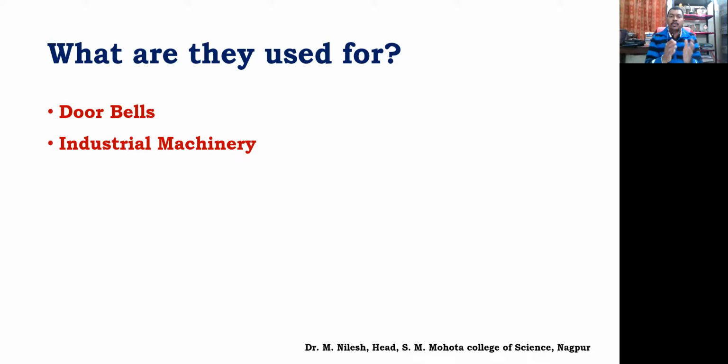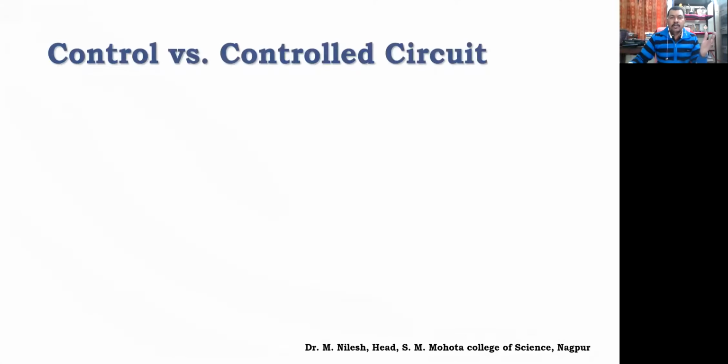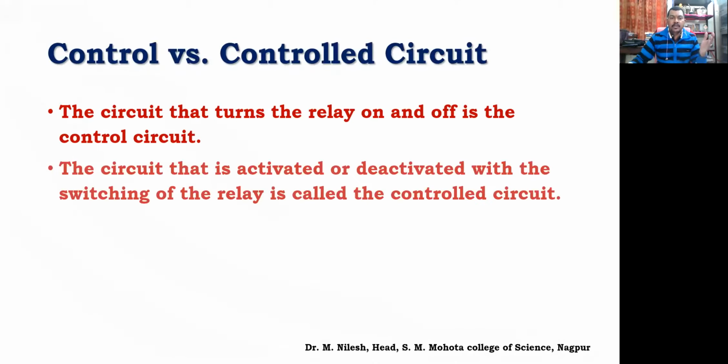So to avoid that, we can use those types of relays which can be connected to a lower DC, 5-volt DC, and which can be used to switch the higher AC on or off, right? So there, these relays can be used. Remote lighting systems, and there are more examples where we can use them.